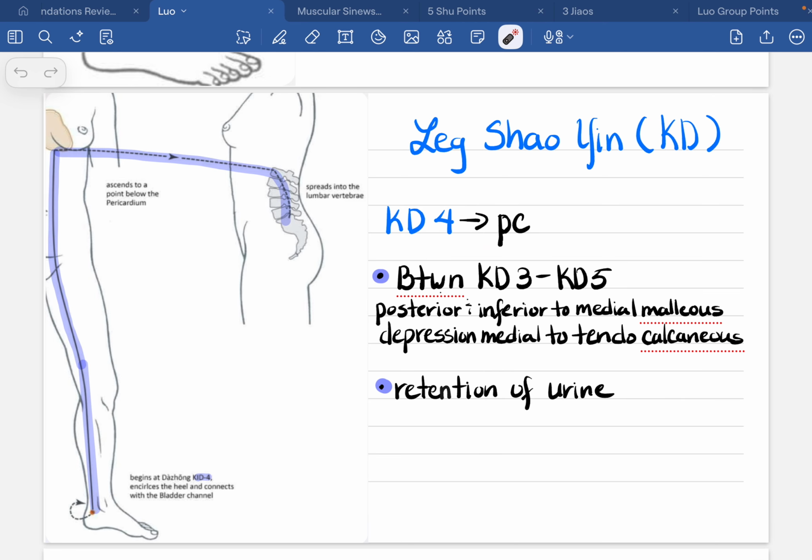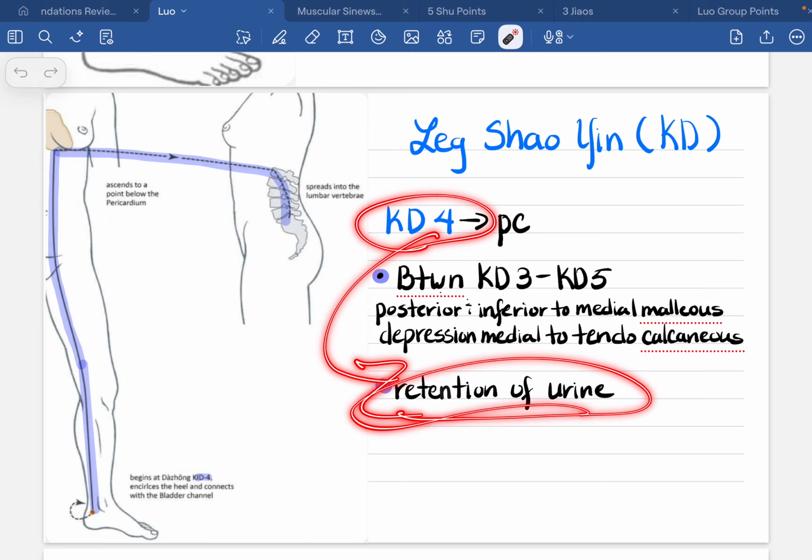But it also helps with the retention of urine. So you can think of it as, as you get older, you're less likely to be able to hold your urine, okay? So you can think of it as that, and so the Luo actually addresses that, okay?